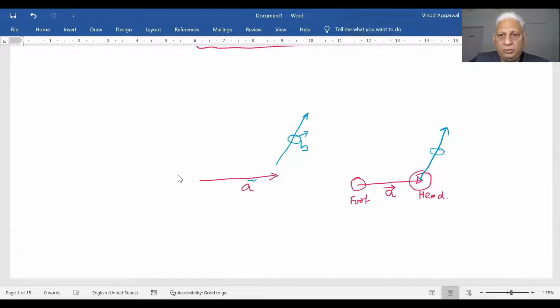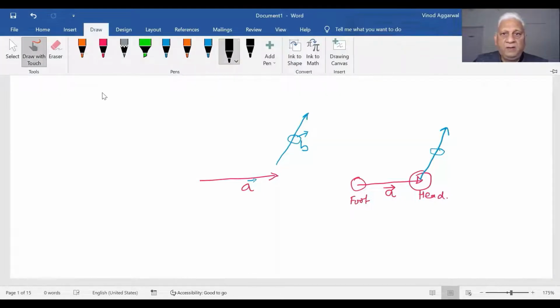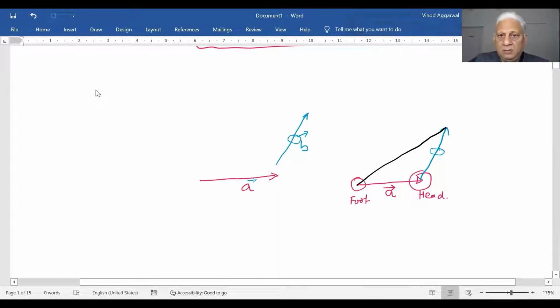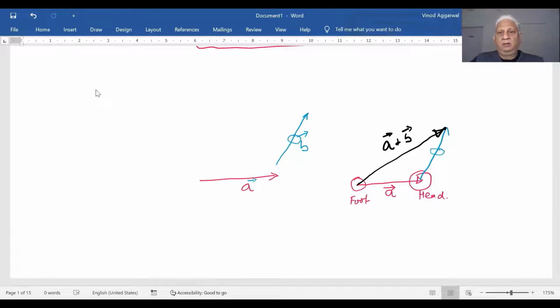When we have added these two, the resultant will be shown by the vector going from the foot of the first vector to the head of the second vector. This will be called A plus B. Geometrically, also we can do, what we do is we draw vector A parallel.